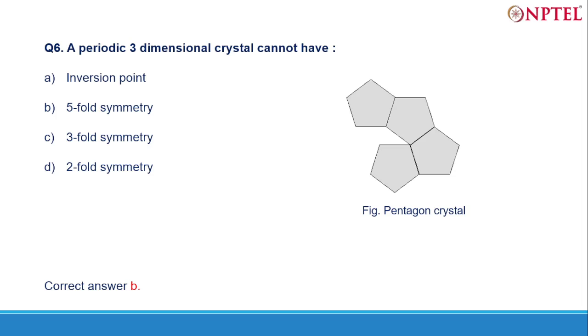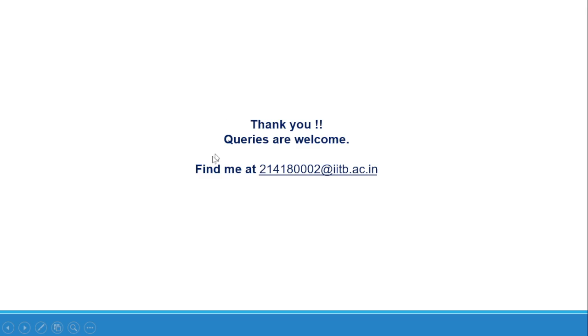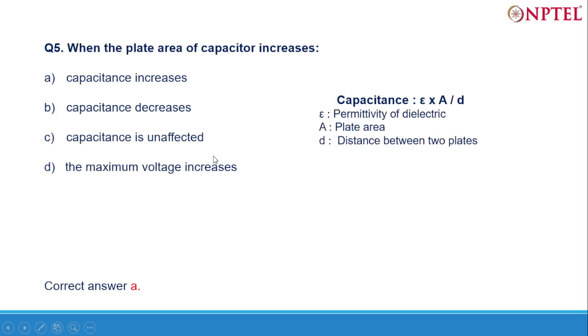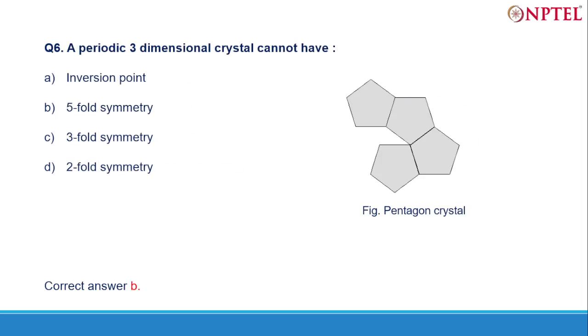This is a bit of a tricky question. You can solve it mathematically by utilizing vectors and then prove that symmetry like five-fold or seven-fold or higher cannot be possible.